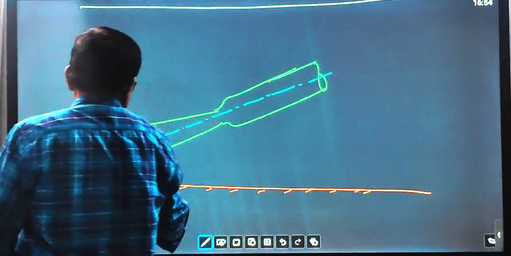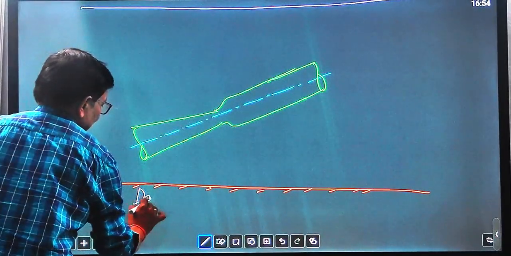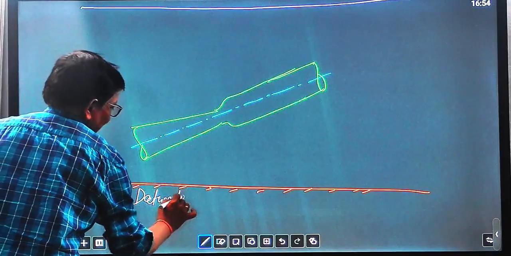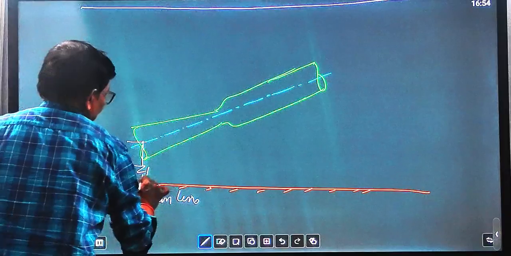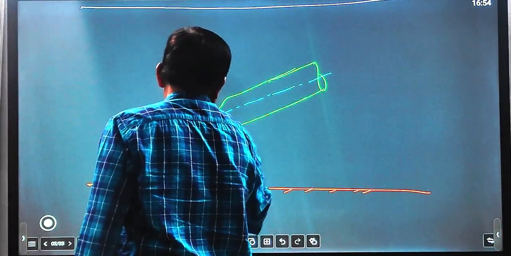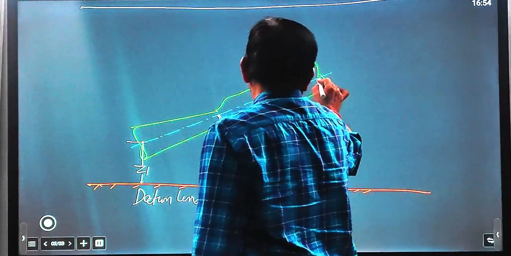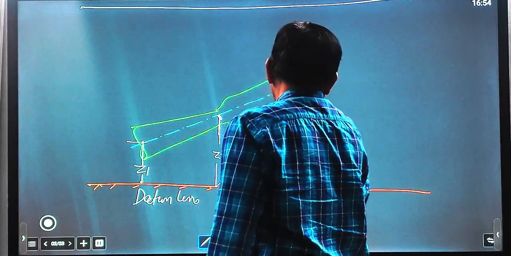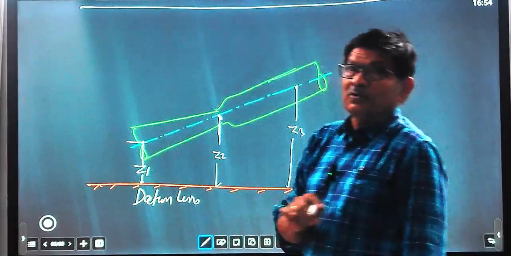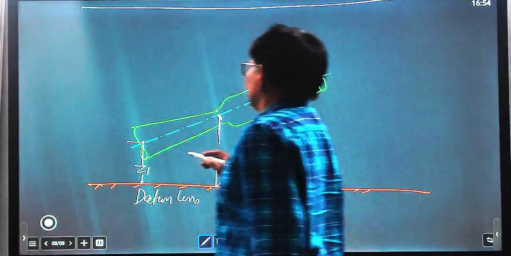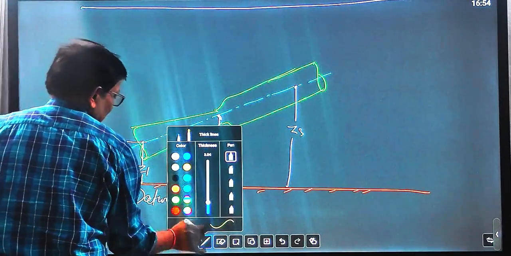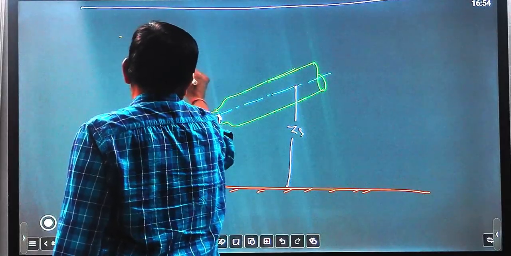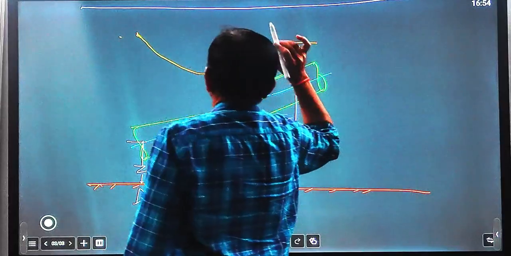The positions are measured from the datum line: the position here is Z1, here the position is Z2, and here, suppose, we are taking Z3. At different positions we are measuring the fluid. So here we draw the hydraulic grade line. Velocity is increasing because of the change in cross section.